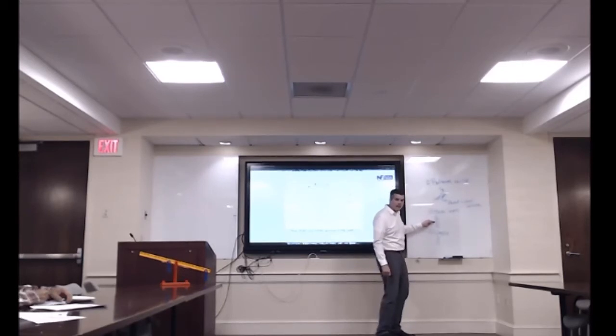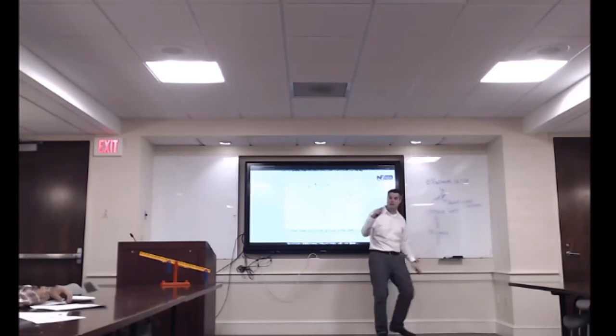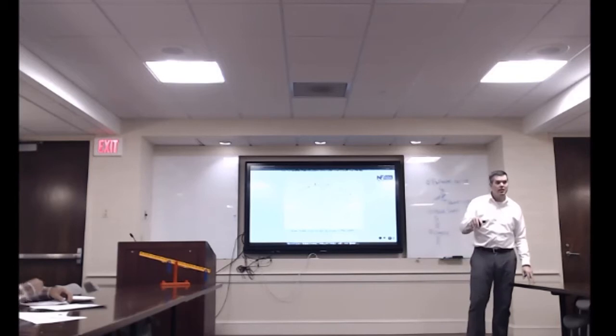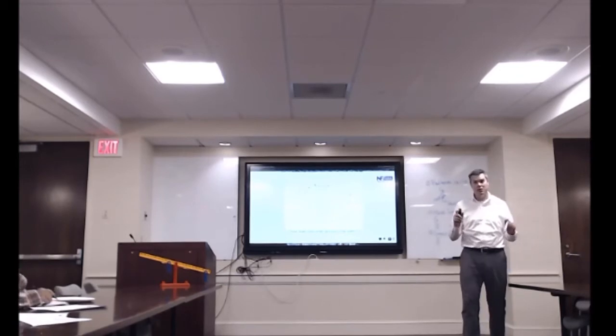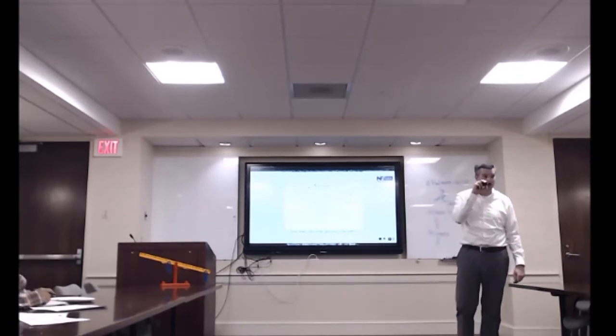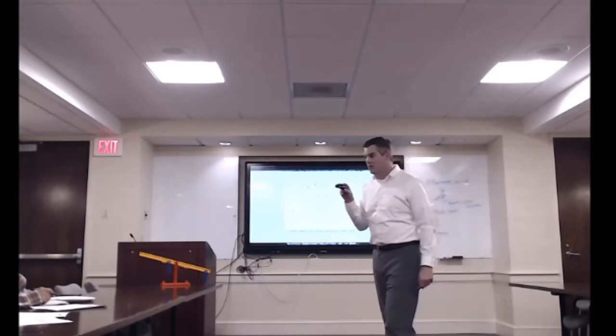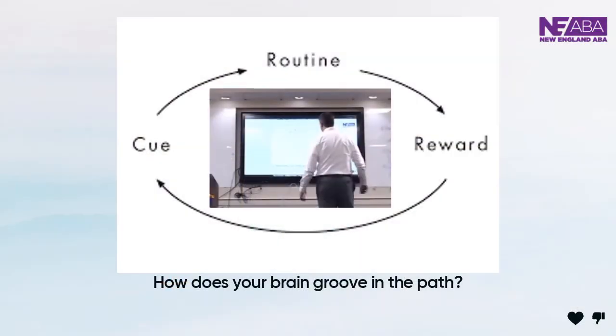And then we complete that step, that signals us to go to the step after that. And then my reward is either going to be at the end of doing all of the steps, or if I really need to, I can enter in a reward at the completion of each step. It's really going to depend. All right? But that's going to be my cue. My signal is going to be the completion of the step.